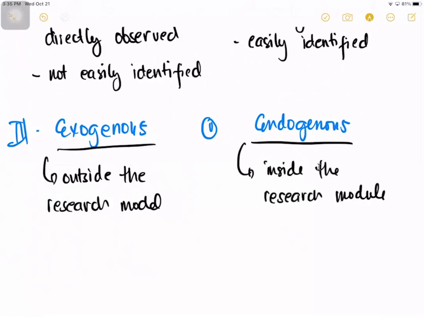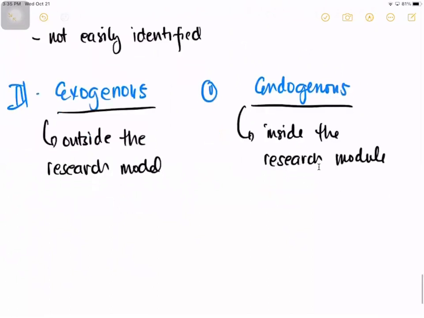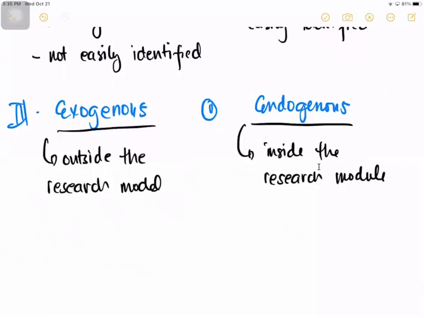To make this simple, because we haven't touched on conceptual frameworks and schematic diagrams yet, here is a quick roundup between exogenous and endogenous variables. Exogenous variables are variables that exist outside your framework or your limitation.